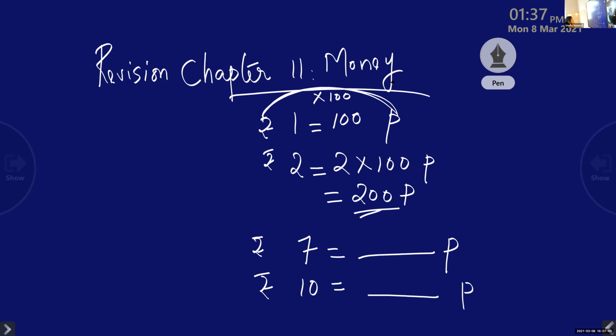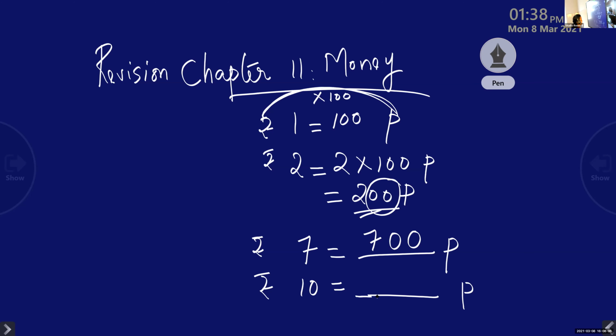So children, what we were discussing: to convert rupees to paise, we multiply by 100. Multiply by 100, what are we doing? We add 2 zeros. So what's the answer for 7? 700 paise. Add 2 zeros.